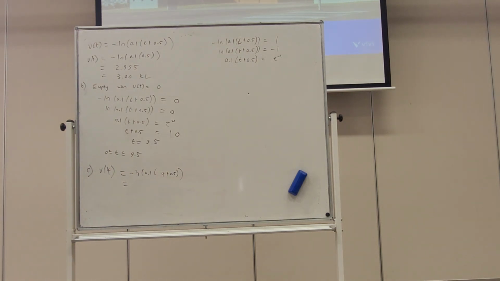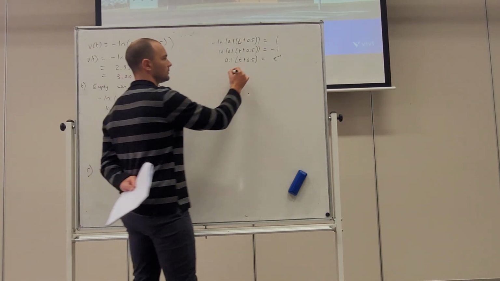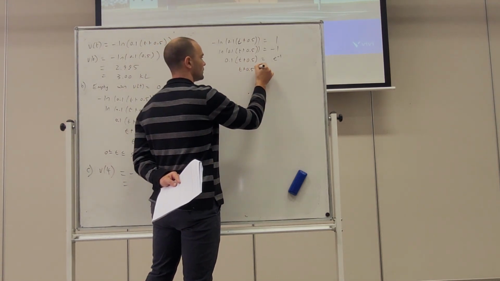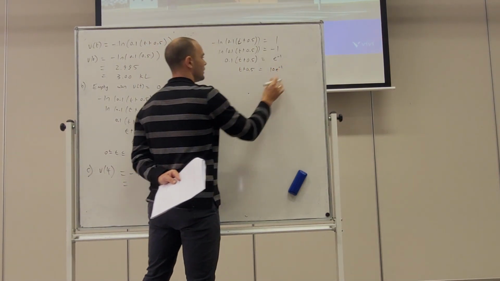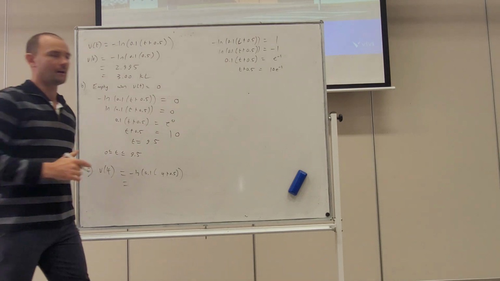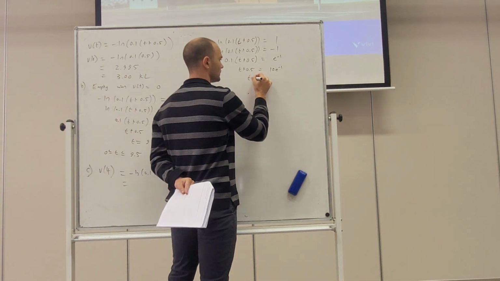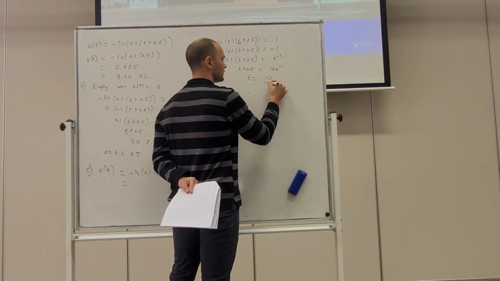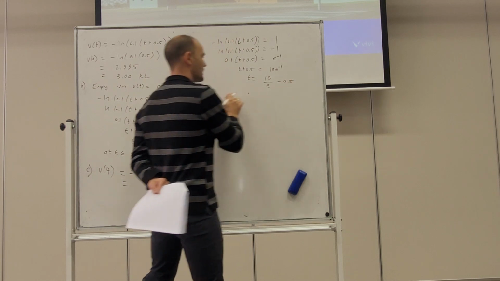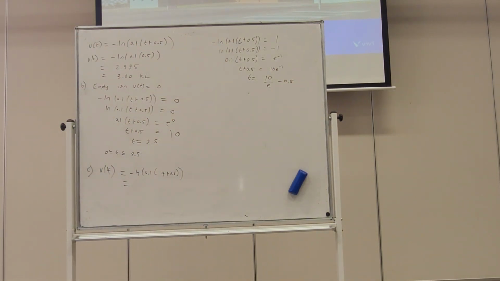Then we'll times both sides by 10. And then we'll take 0.5 from both sides. Alright, so that is the exact value of time.